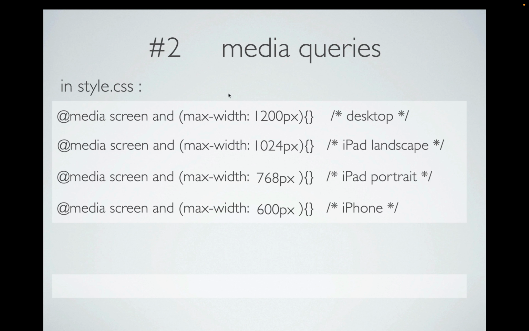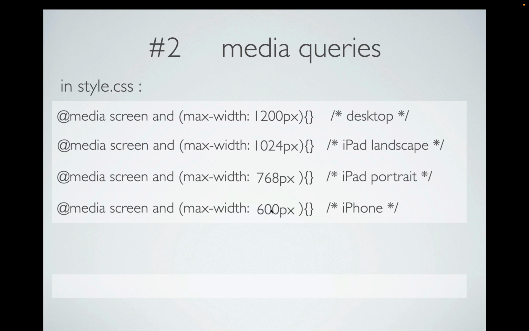The important part is the second part, where you're saying if the device has a max width of 1,200, then this is going to be our desktop settings. If it has a max width of 1024, this is our iPad landscape. A max width of 768, it's portrait.